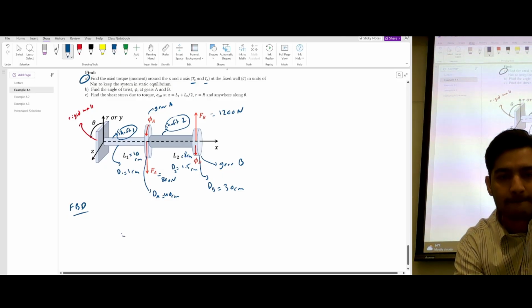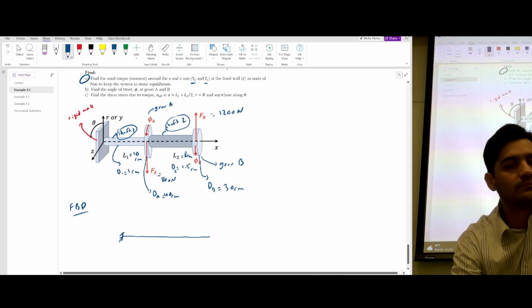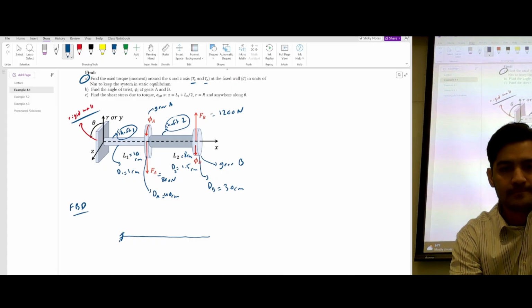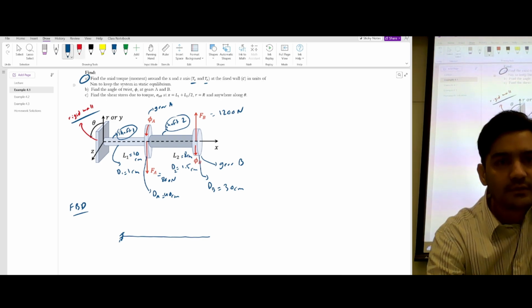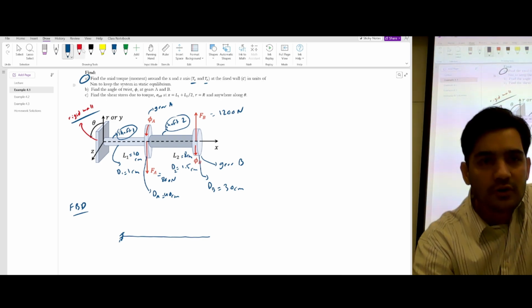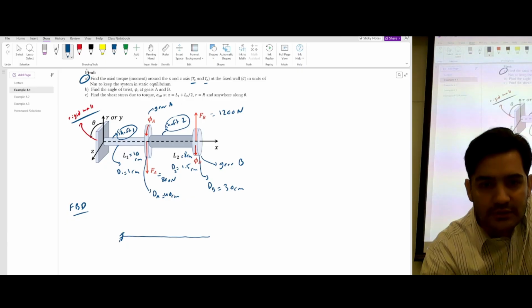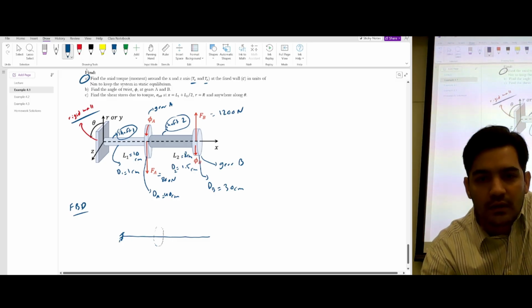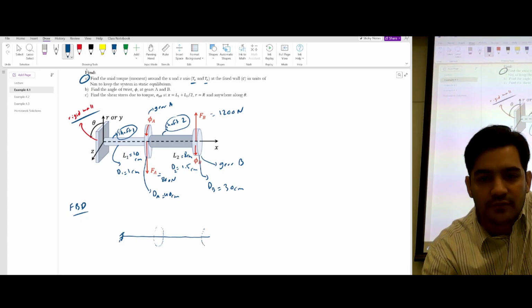It's a fixed support because it's fixed to a rigid wall. So this is a fixed support, and I can try to draw this cylinder. I'm going to draw this cylinder as well, just to make it easy to understand.